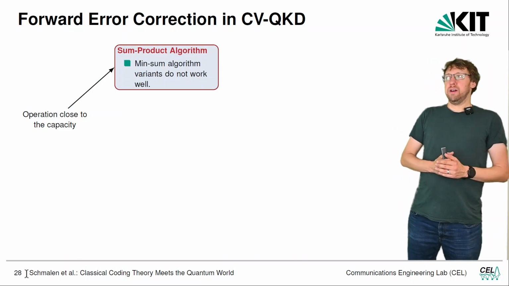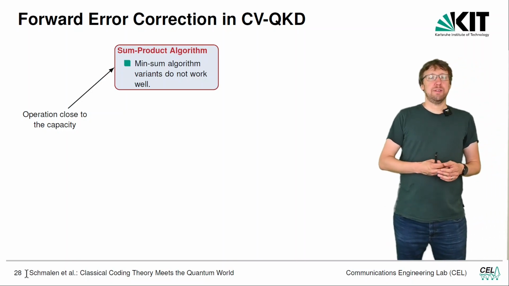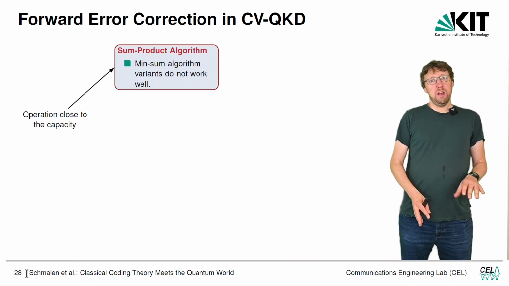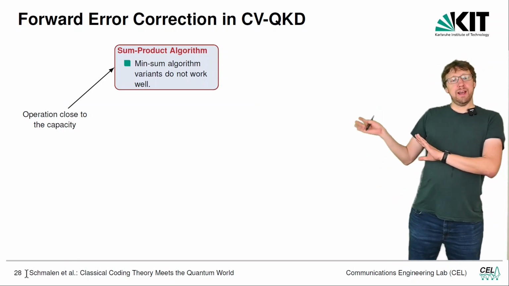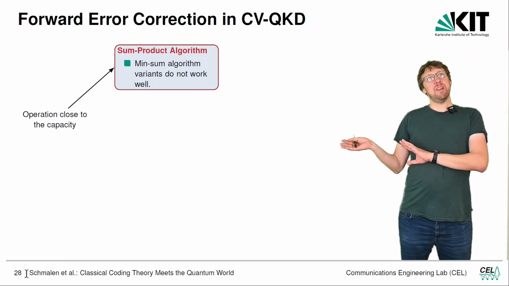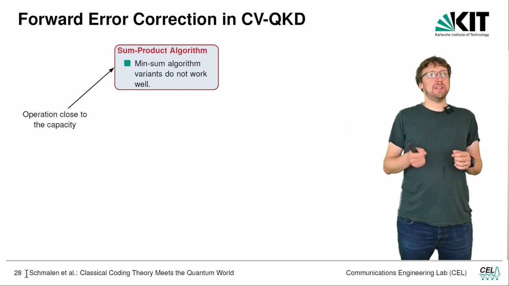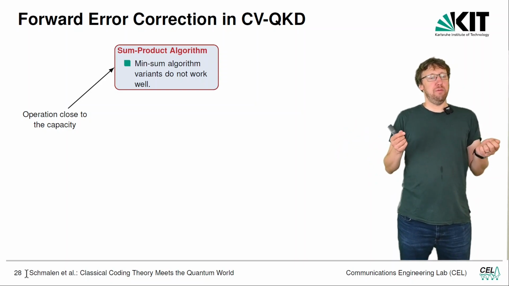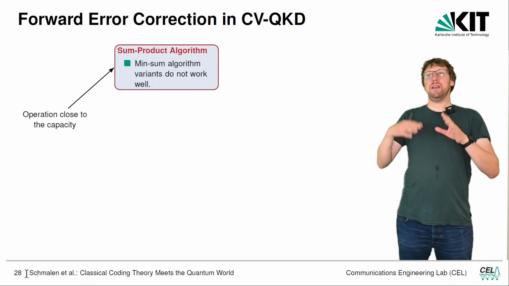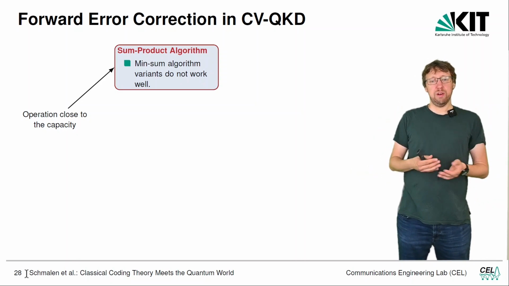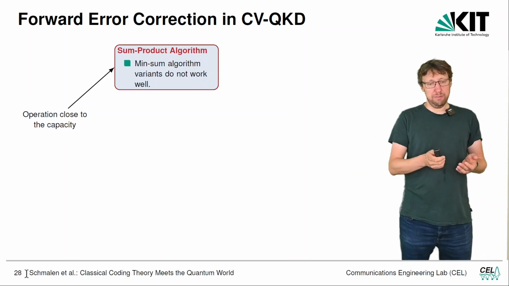Now, the typical approximations we make in the decoder. Remember, we have this hyperbolic tangent operation in the decoder that is usually approximated using a simple minimum. You go to the logarithmic domain and you can use a variant of the algorithm called the min-sum algorithm.